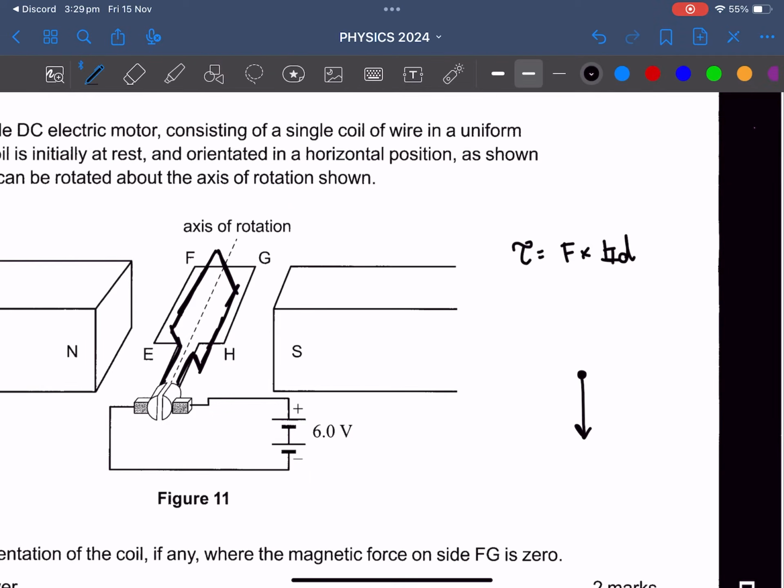Anyway, as you can see, it's not perfectly vertical, but if it was perfectly vertical, the force will still go this way. Right? However, this distance is no more perpendicular, it's rather parallel, so it will not rotate because there's no torque generated, if that makes sense. Yeah, sorry guys, my drawing is not the best.